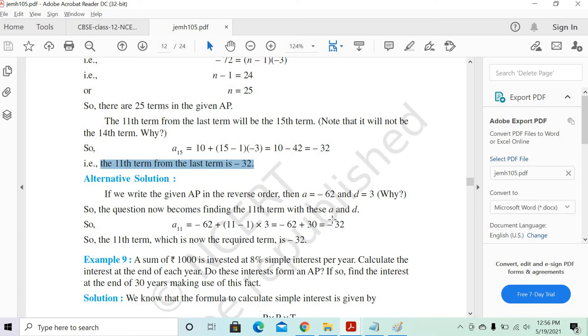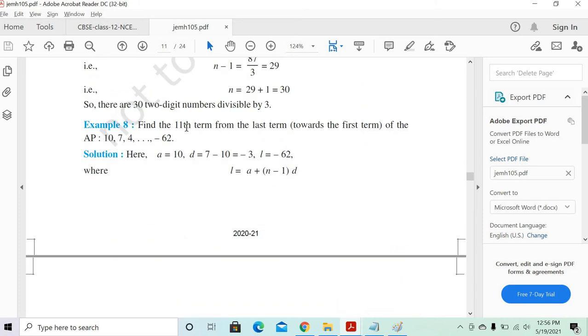A of 11, because the question is asking to find the 11th term from the last term. So you need to find the 11th term. Correct or not? You got it? Yeah, sir.